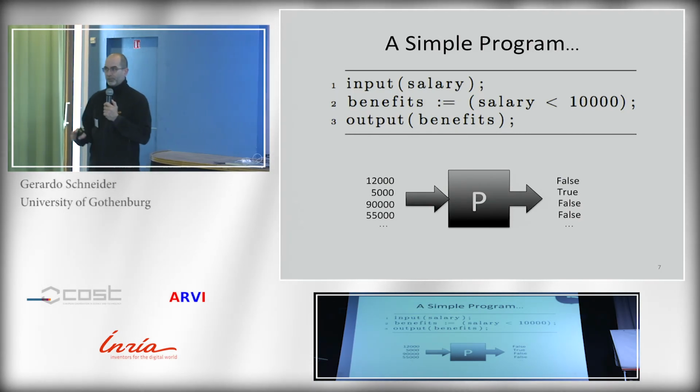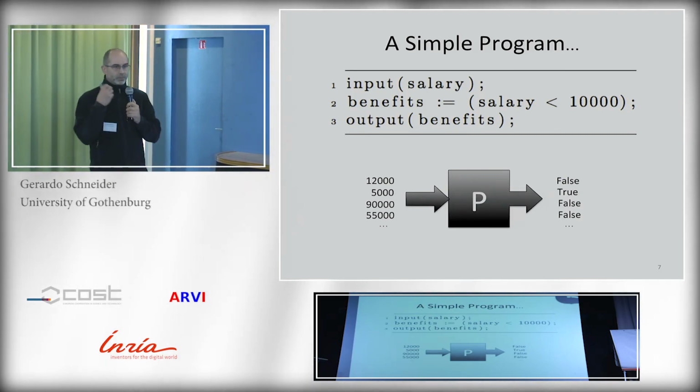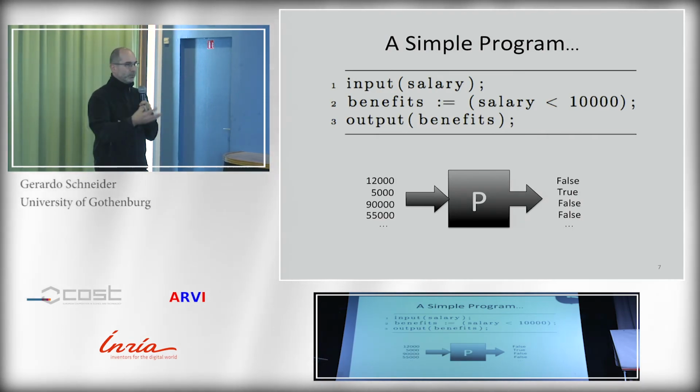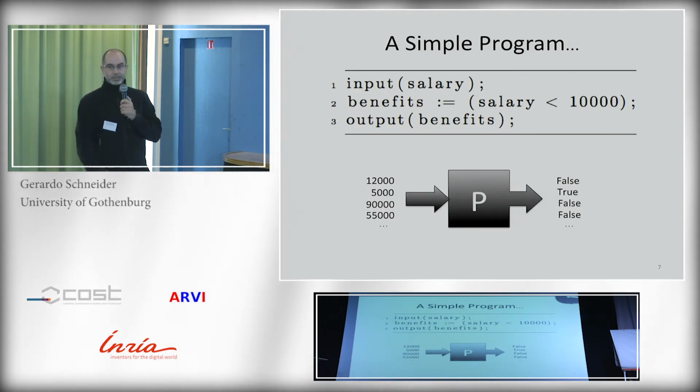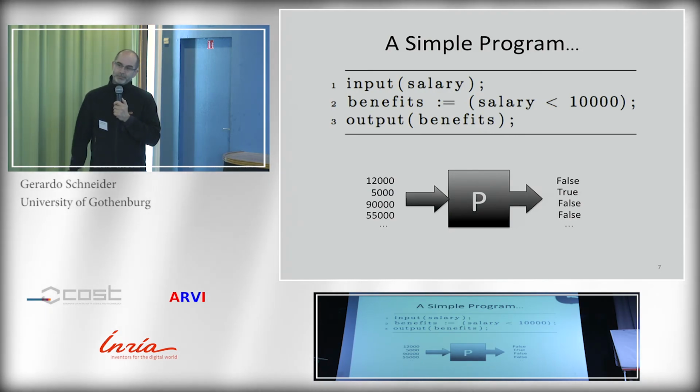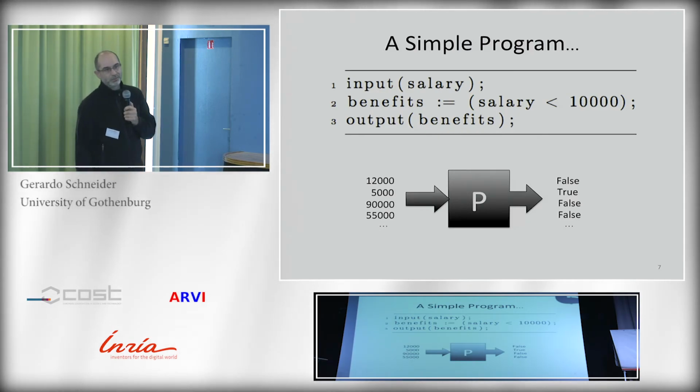Yeah, very simple program. We input data, we observe the output, and of course, the program should be giving the right verdict on whether there is access or not. So from the functional point of view, it seems this is correct. The question is whether this program is minimal or not. And for that, we have to come up with a definition.